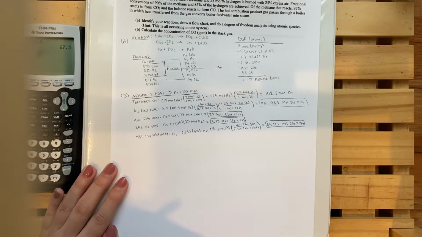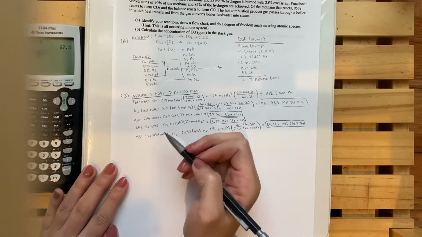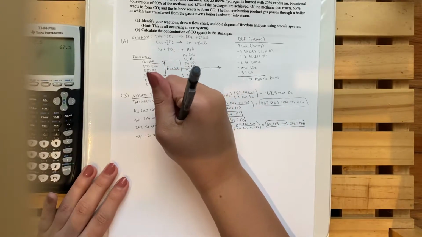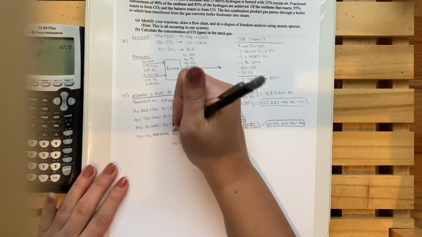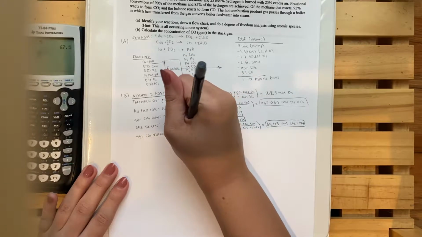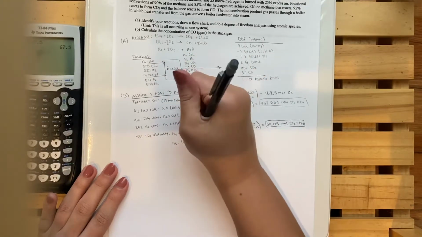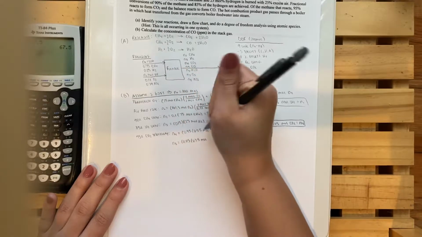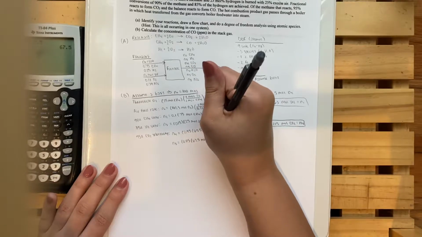And we can do the same thing for CO, because we know that there's a 5% CO selectivity. So N5 is going to be equal to 0.05 of the 67.5 moles of CH4 that reacts.